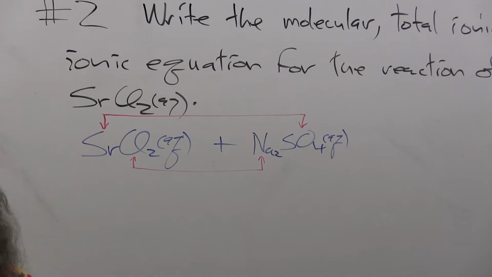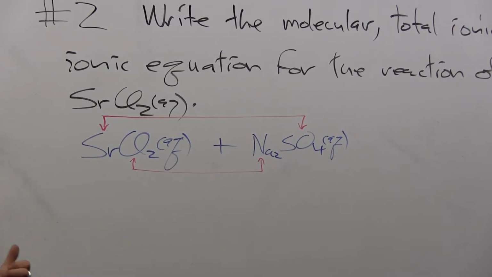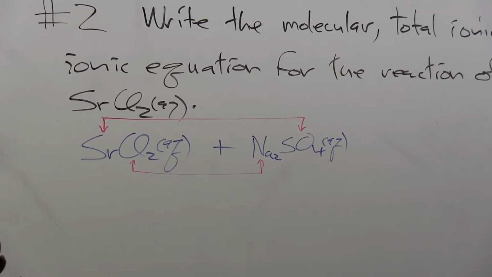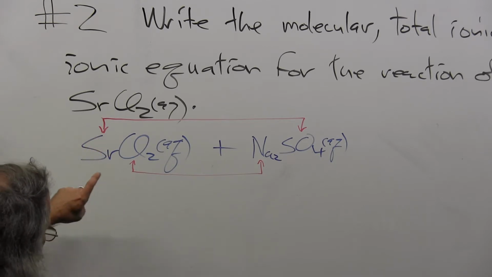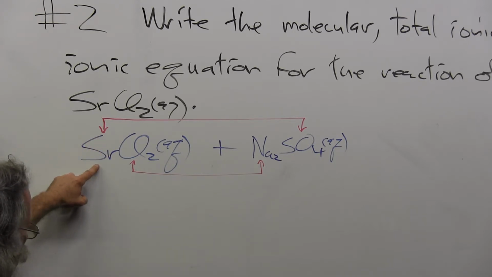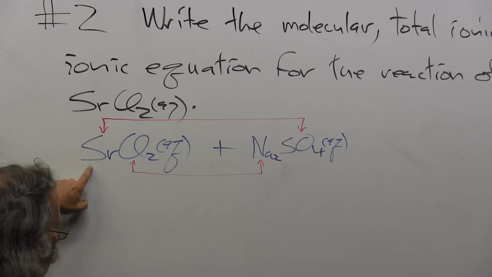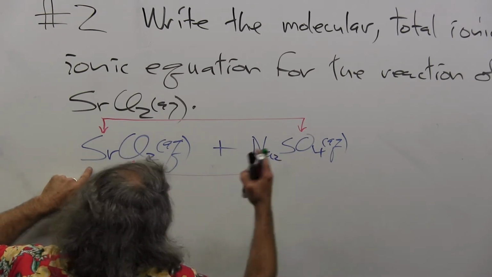And I'm going to look for either an insoluble combination, or some sort of neutralization reaction, or some kind of redox process. In this case, first I'm going to start with the metathesis, or the precipitation. I'm looking at the outer pair. I have a strontium, which is a 2+ ion, and a sulfate, which is a 2- ion.